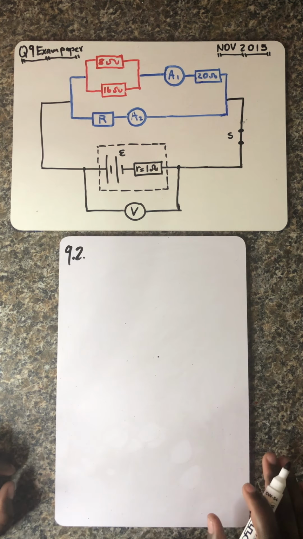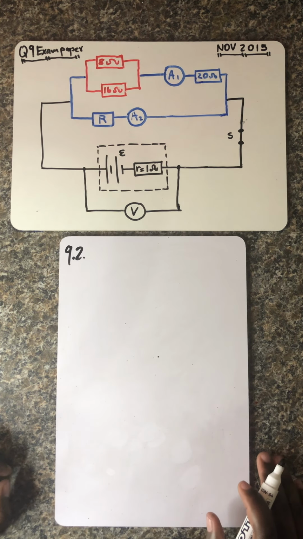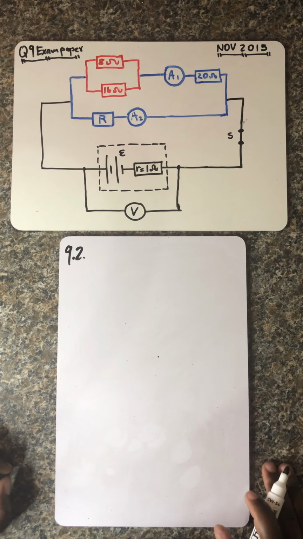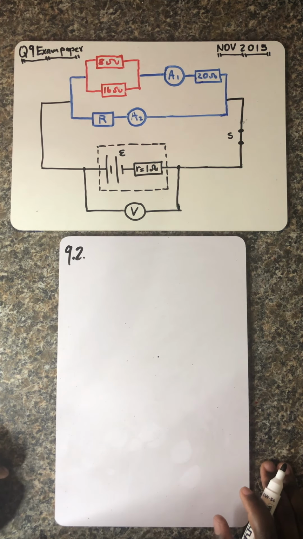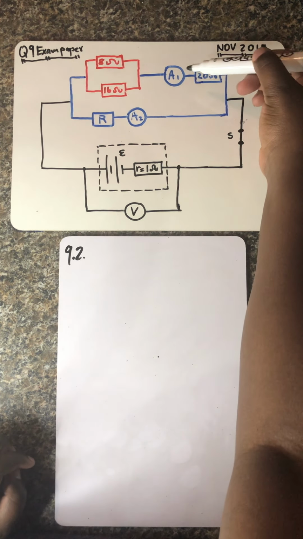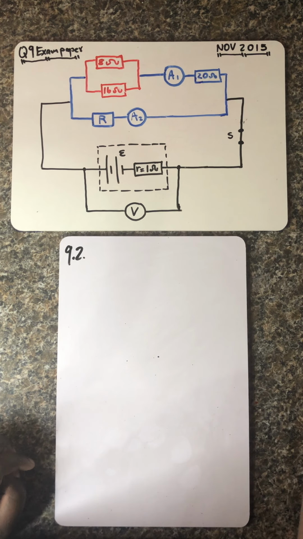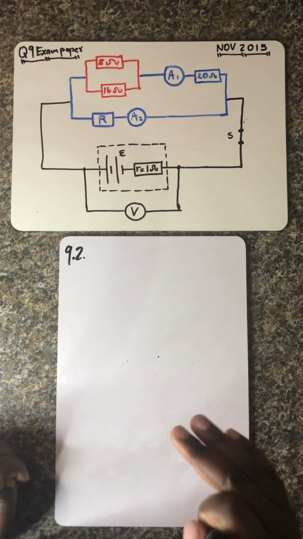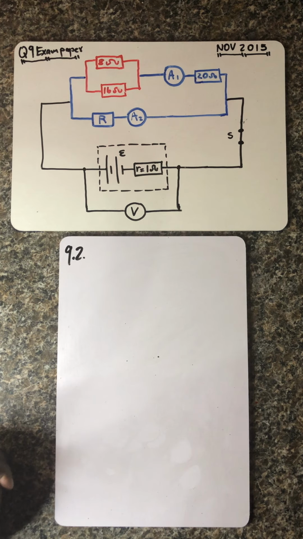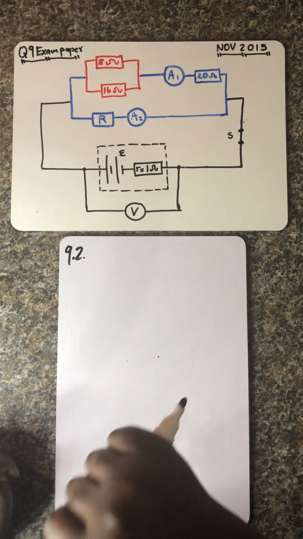So for just stating Ohm's law in words, you score full marks, okay? Now the question says calculate the reading on ammeter 1. Where's ammeter 1? There, it's ammeter 1. What does an ammeter read? An ammeter reads the current, okay? So they don't have to say calculate the current. They just say calculate the reading on ammeter 1.